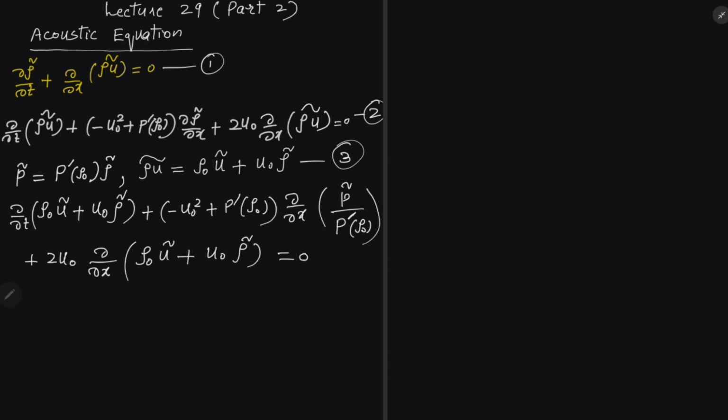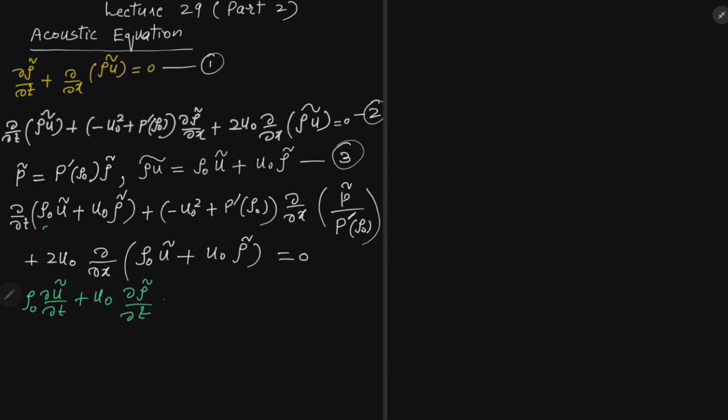We simplify it. The first term is rho naught partial u tilde by partial t plus u naught partial rho tilde by partial t, and then we multiply these two equations. First we multiply this term and then multiply p dash with the partial derivative.